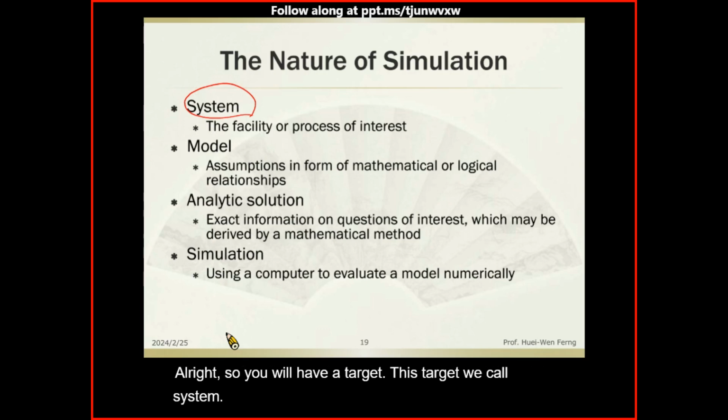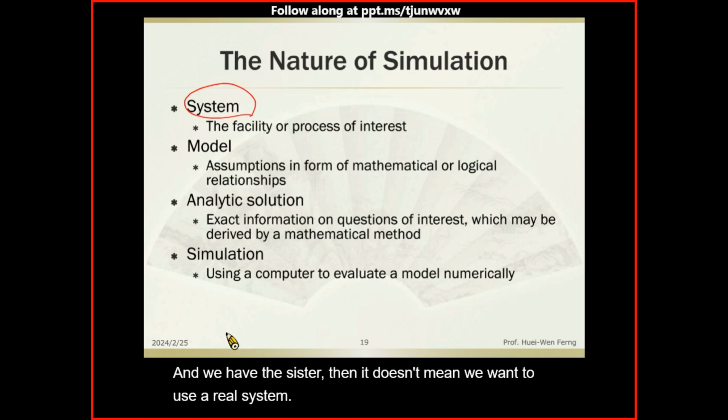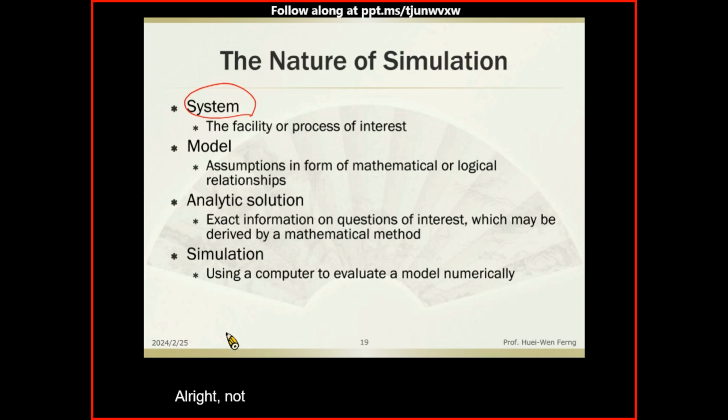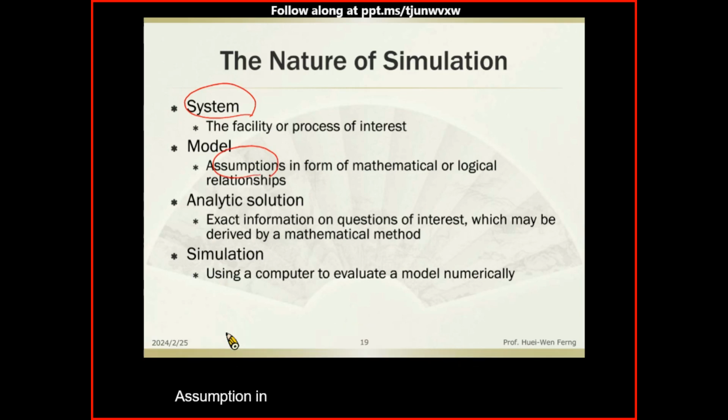And we have the system, but it doesn't mean we want to use a real system. Alright, not the real system. We will use a model to describe the system. So what does model mean? Actually, you can have assumptions in the form of mathematical or logical relationships. Therefore, you can have the model.